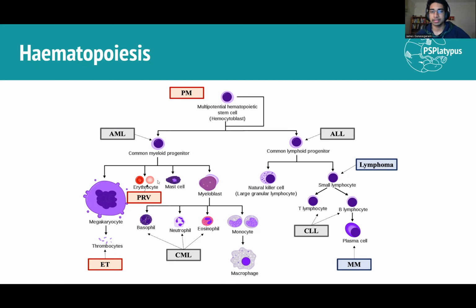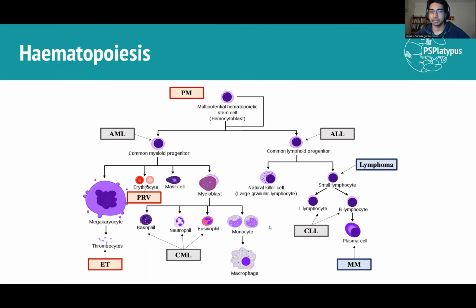And the little markings here show what diseases correspond to what parts on the tree. So we've got primary myelofibrosis up at the top here in terms of it affects all the stem cells. We've also got aplastic anemia, which is not part of this diagram, but which also affects the top. And then your gray bits there, those are your leukemias. We're not going to talk about them or lymphomas in this video because we've got a later one coming out on those.